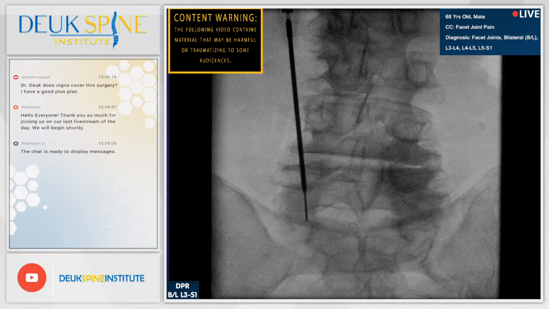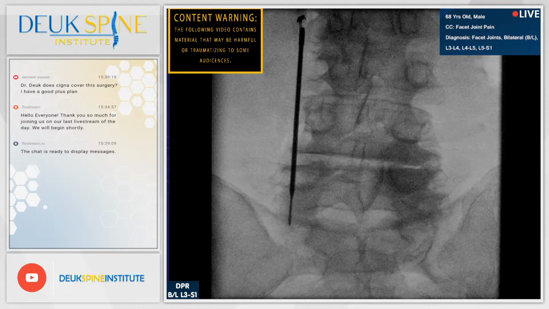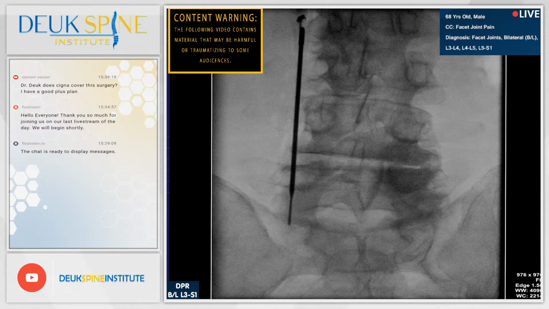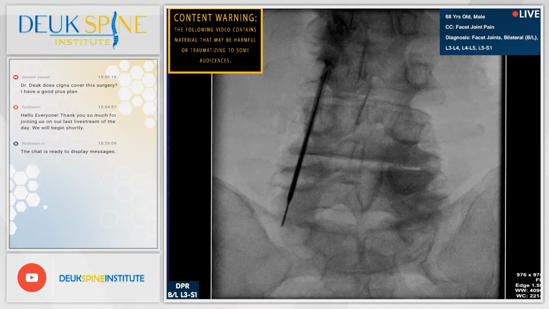So to the Cigna question, I'm sorry I don't have a better answer for you. But the reality is we don't have a contract with Cigna. And so anybody that has Cigna, we will take the insurance, will bill it, but we don't know if they're going to pay until afterwards. So we may get surprised and they don't want to pay. And of course, you can't run a business without getting paid.